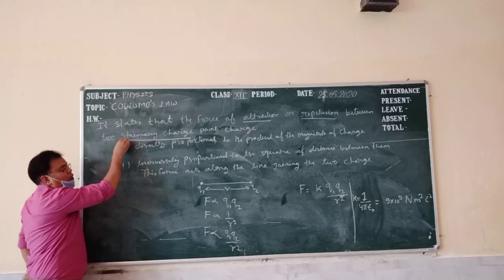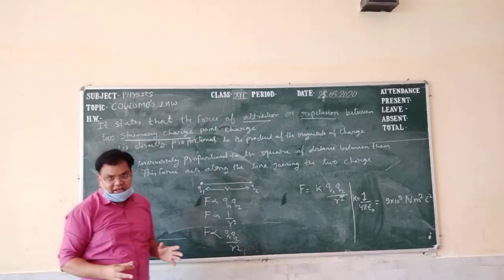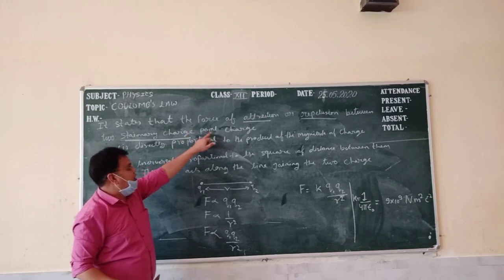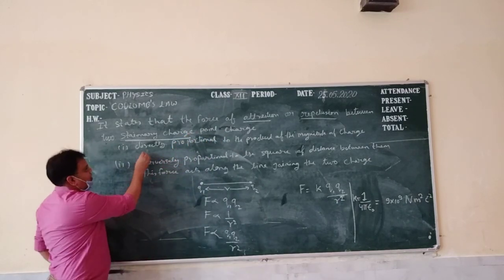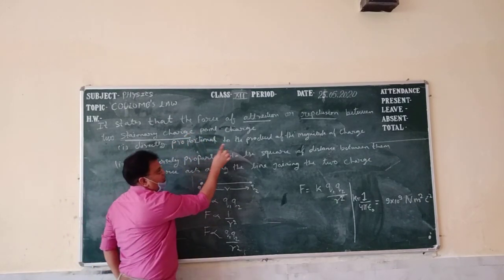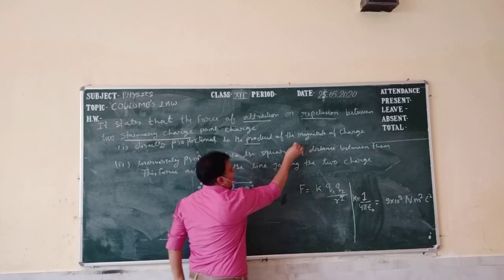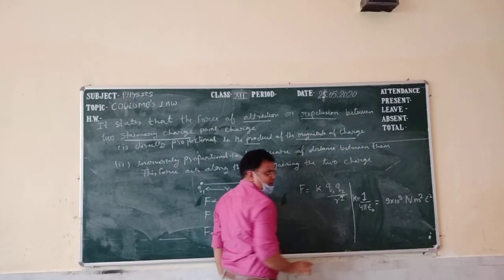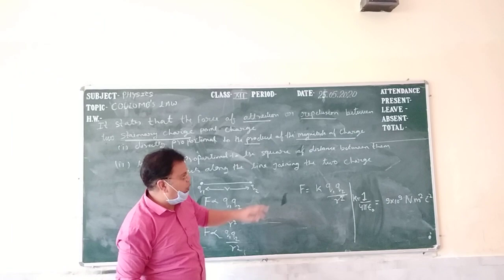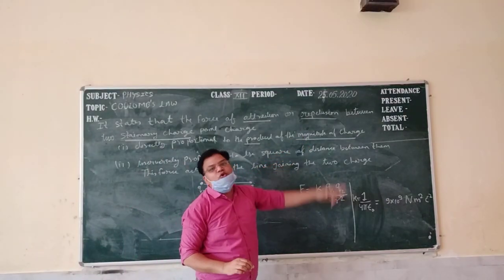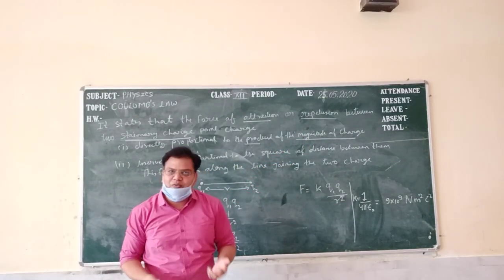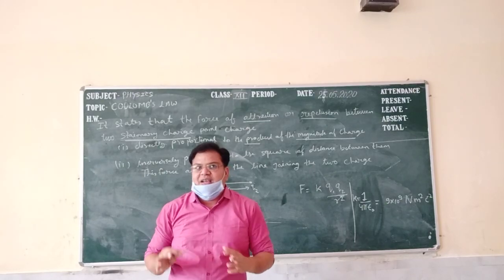another most important point, point charges, is directly proportional to the product of the magnitude of the charges. Mind it, it is only the magnitude of the charge; it doesn't take plus or minus.